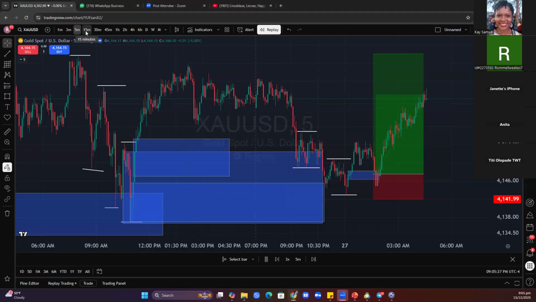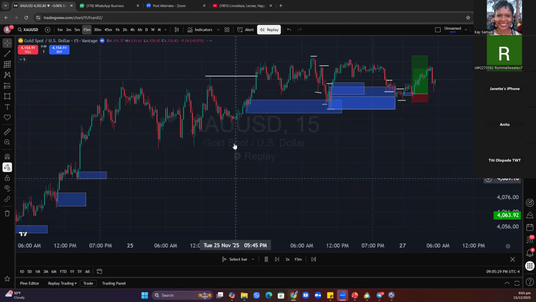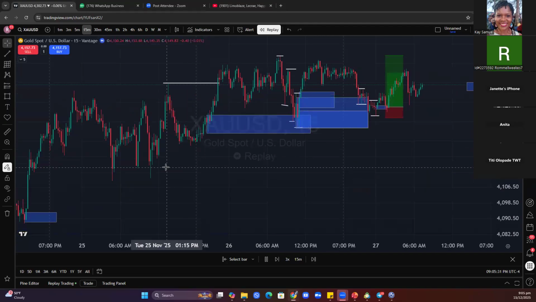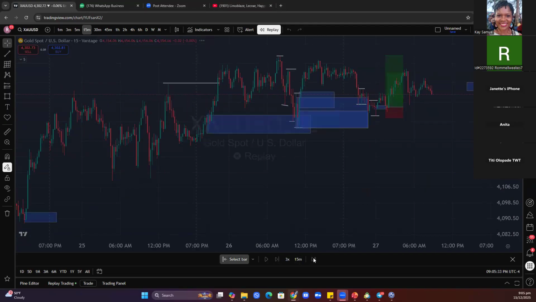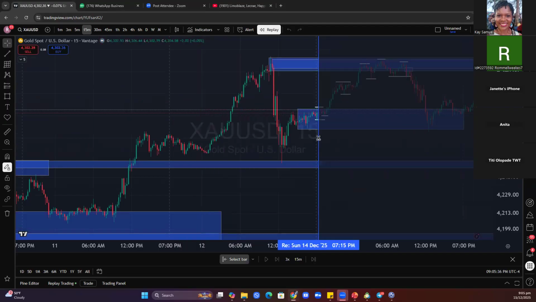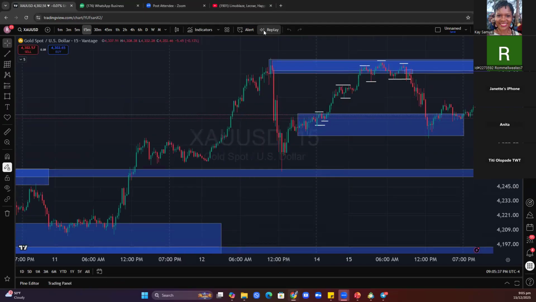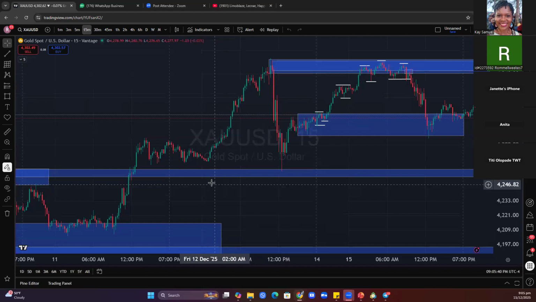And that's how I execute trades every single day, based on those three things. Sometimes, of course, you may get a different type of setup, but for the most part that's what you're looking at.